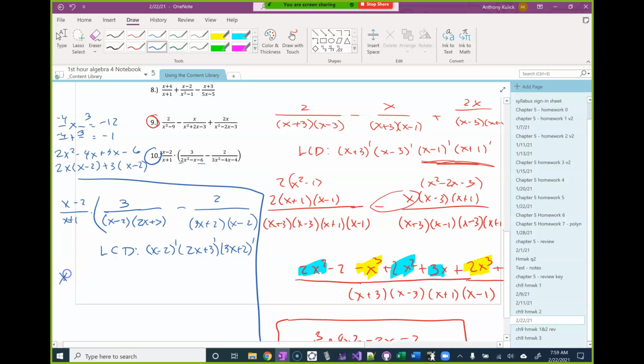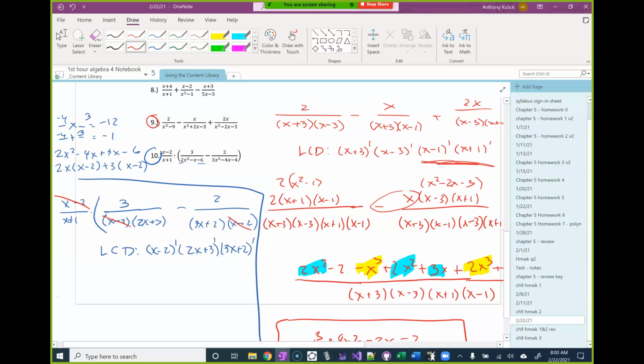The first fraction is missing a, oh, well, let's be smart about this, right? We could make this problem a little bit easier right at this step by noticing something. So notice that each denominator contains an x minus 2, right? Notice that we're multiplying by the fraction x minus 2 over x plus 1.